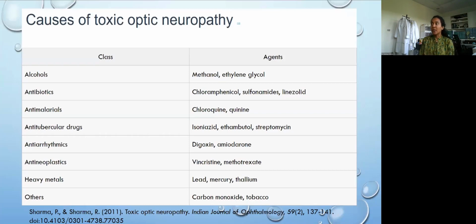It goes over each one again, and heavy metals: lead, mercury, thallium, carbon monoxide, tobacco, and certain alcohols, such as methanol and ethylene glycol, are some other ones that can cause optic neuropathy. The reference for this is down below.